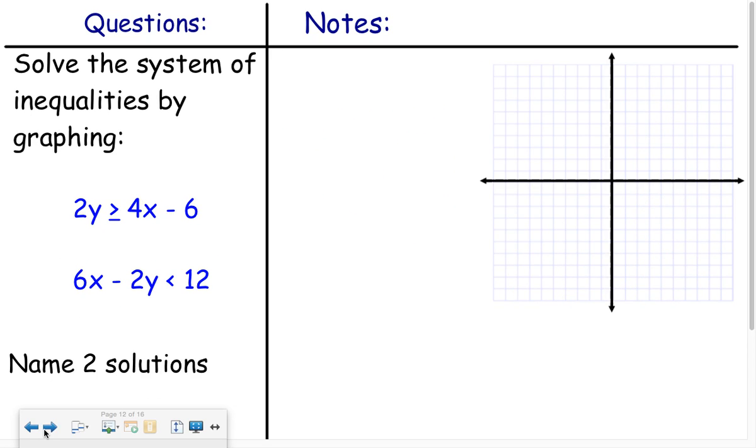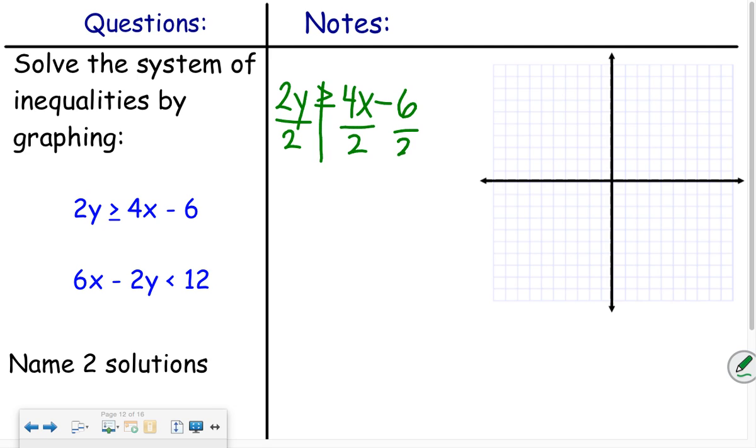All right, one more. This time, neither of the inequalities are in slope-intercept form, so we are going to have to solve for both of them. So 2y is greater than or equal to 4x minus 6. Divide everything by 2. And we have y is greater than or equal to 2x minus 3.